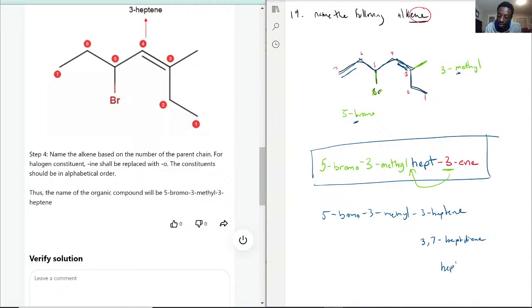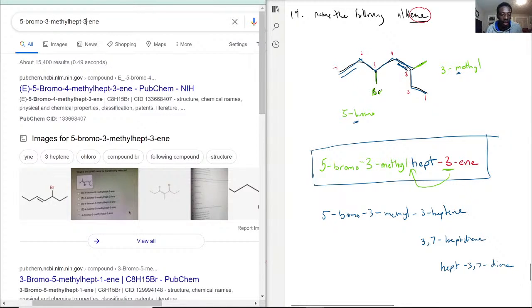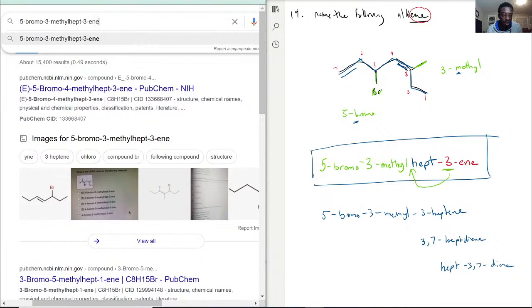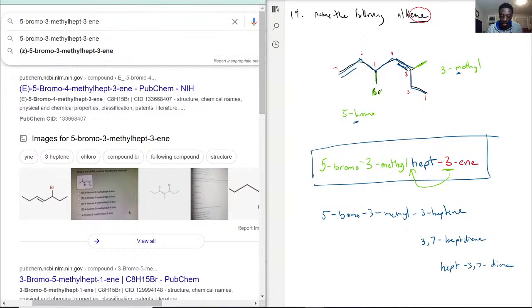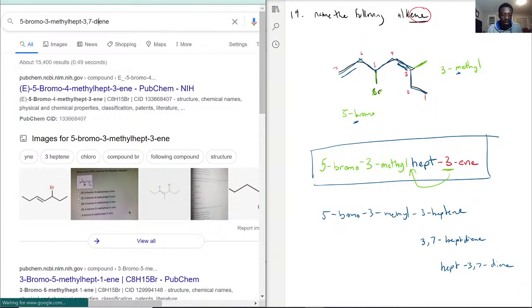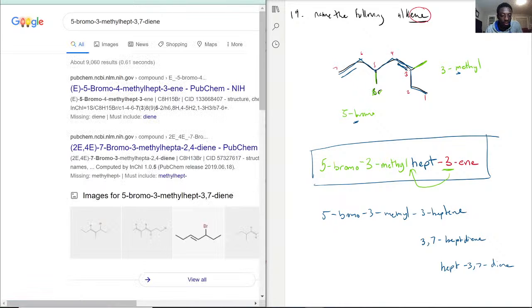if it was hep 3 7 diene. Because if I did that, hep 3 7 diene doesn't really exist.